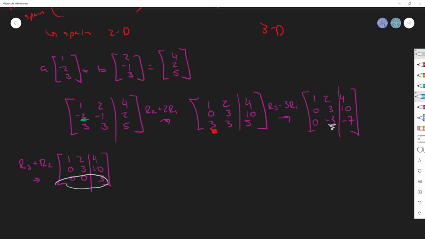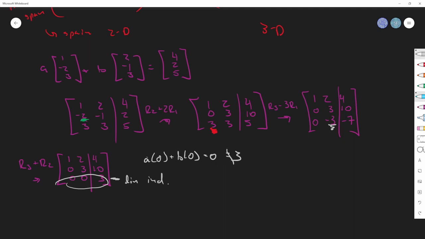A times 0 plus b times 0 is equal to 0, but it wants to equal 3, which is not true. So that means this portion is linearly independent.